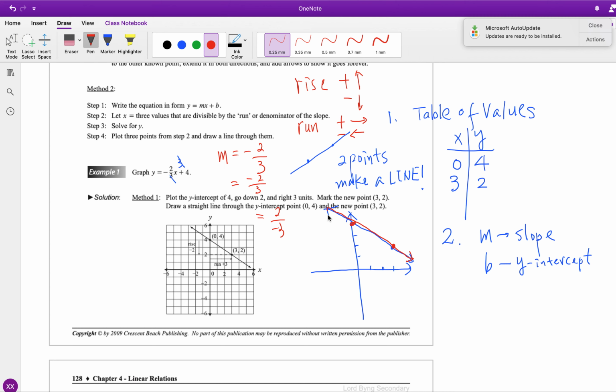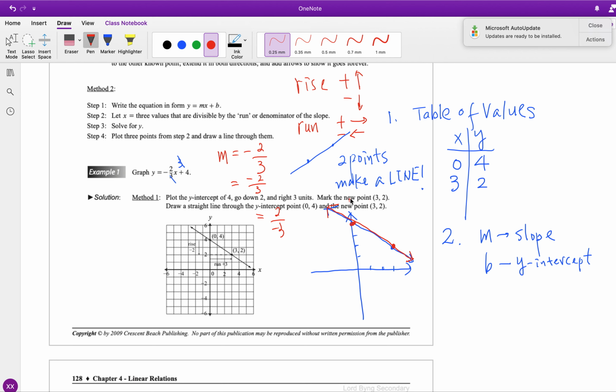It has to be the same line because the same location, same equation. But if I say, okay, I want to do 2 over negative 3, then the 2 is going to go up 2. So 1 and 2 is over here.